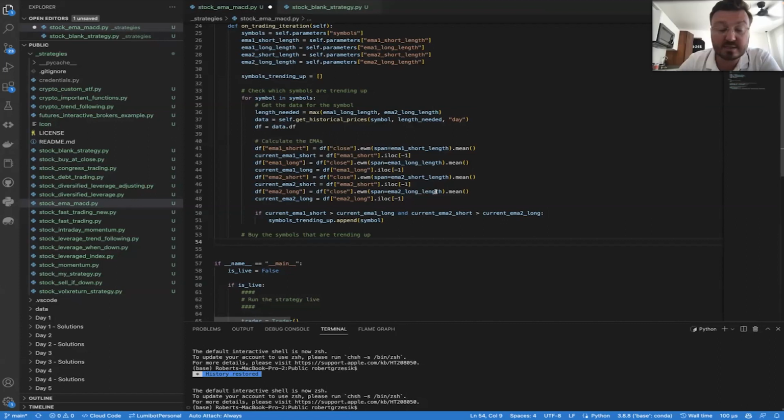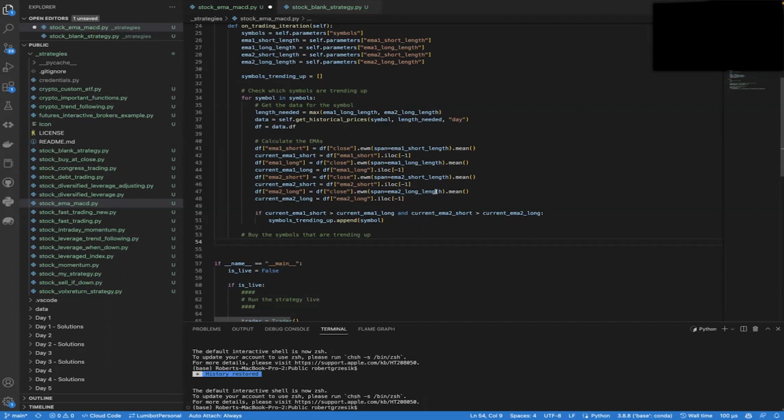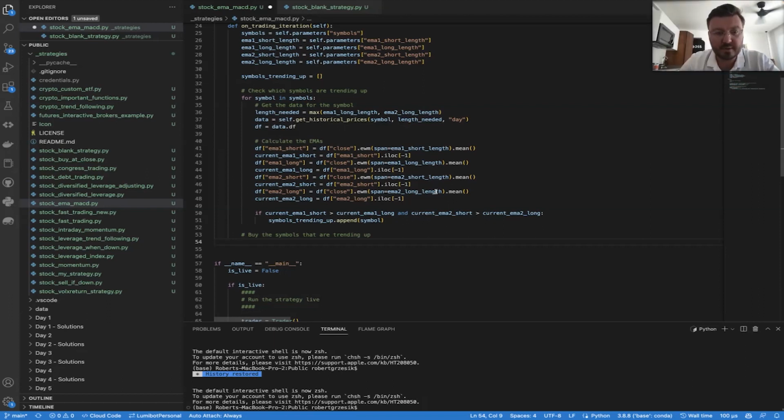What I would suggest is that we use our entire portfolio, use all the money that we have, and just divide it up by the amount of symbols. So what I would do is amount to invest per symbol.